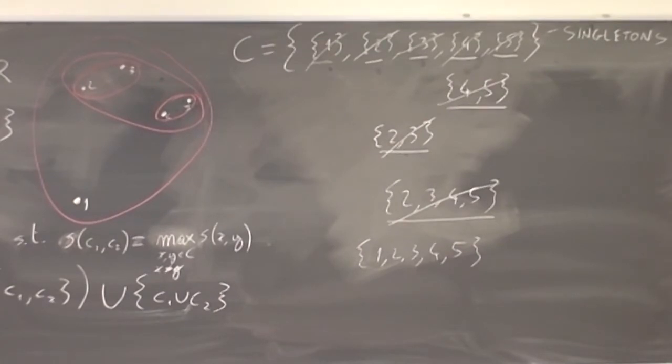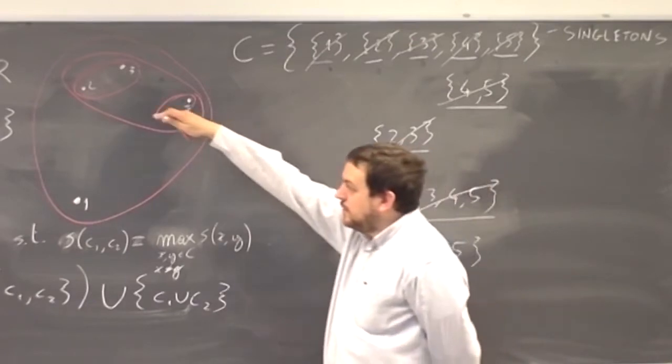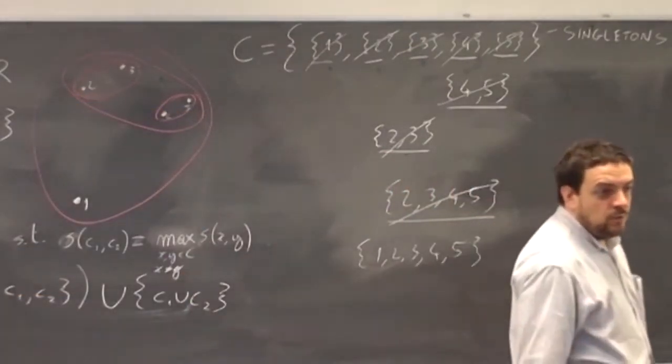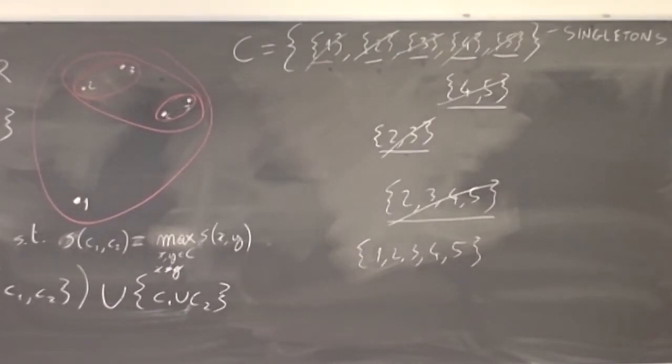Okay. Of course, if we let this procedure run from the beginning to the end, what we always come up with, okay, is with C containing as its only element D, because we have merged all elements together.